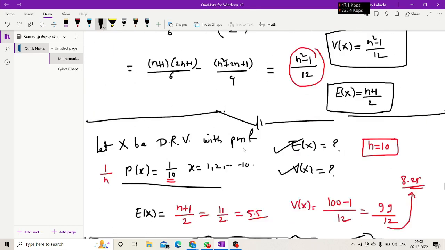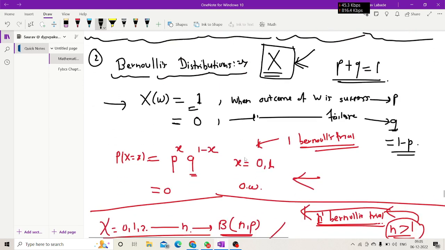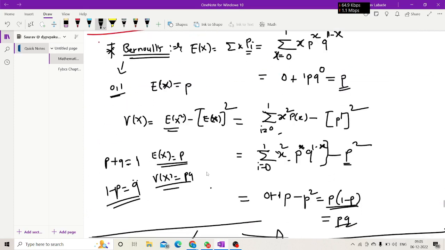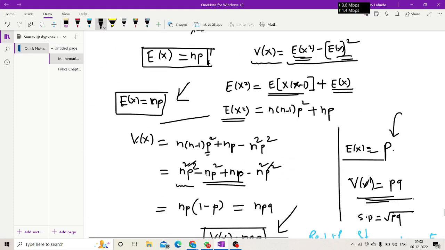For the Bernoulli distribution, X follows Bernoulli p. Here the parameter is p because n is not there. Same for the binomial, I am using X follows binomial n, p.